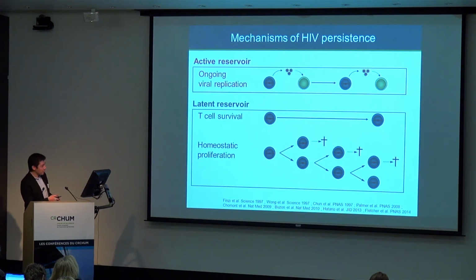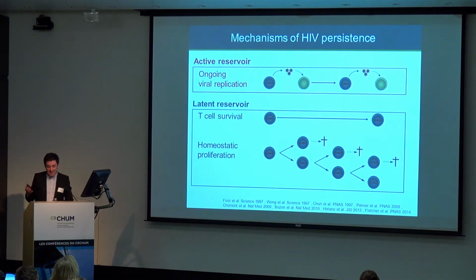In the blood, it's pretty clear that HIV latency exists, and you can evidence it quite easily by getting CD4 T cells from virally suppressed donors. You put them in culture, they won't produce virus, but if you activate them in some ways, then you will see replication in the supernatant.